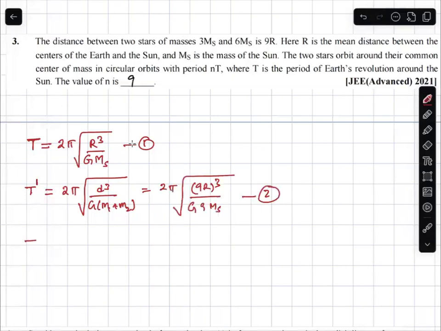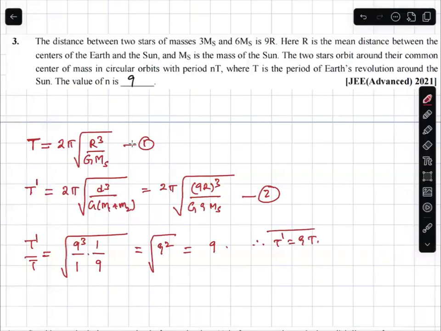So therefore, t dash by t is nothing but t dash 9 cube by 1, 9 cube by 1 and 1 by 9. This is nothing but root 9 square. This is nothing but 9. So therefore, t dash is 9t. The answer is 9. See, 2021.